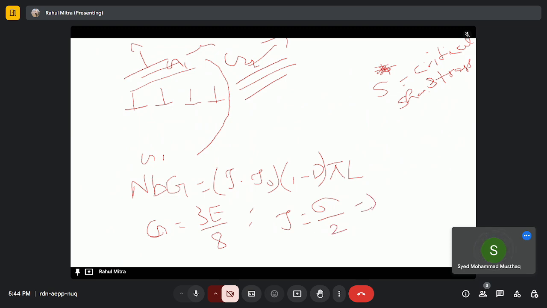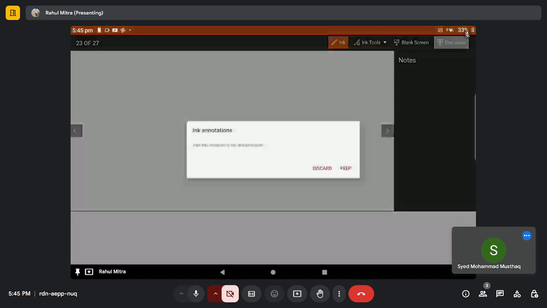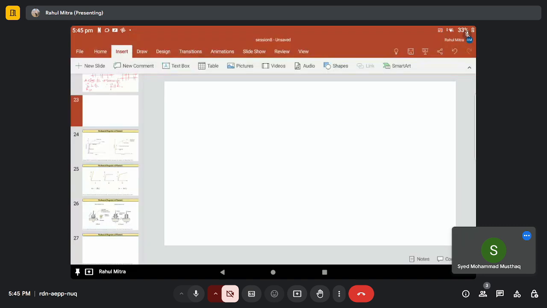Then tau minus tau naught will be equal to sigma minus sigma naught by 2.